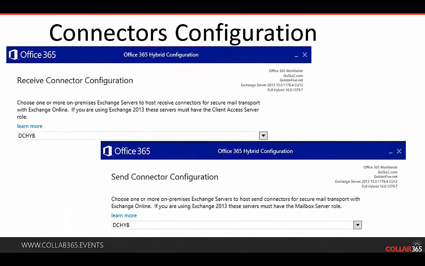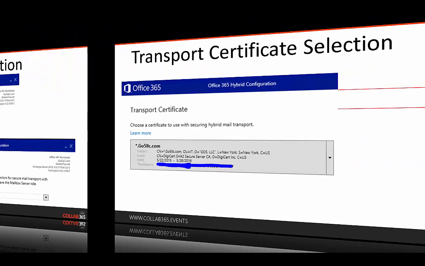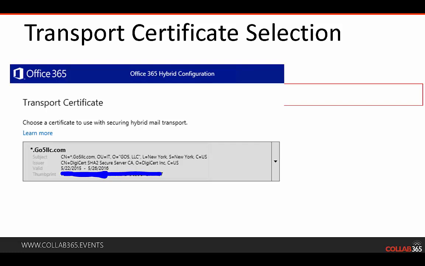Then select the receive connector, which connector will receive the email. Basically you'll select which server, and then the send connector configuration. You will select the server down below in the next screen, and you will select next, and then it will be the transport certificate, which certificate you would like to use for this wizard.